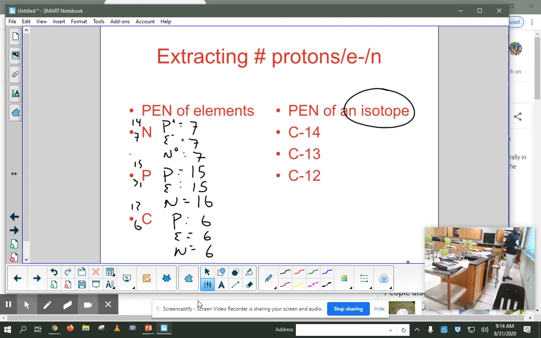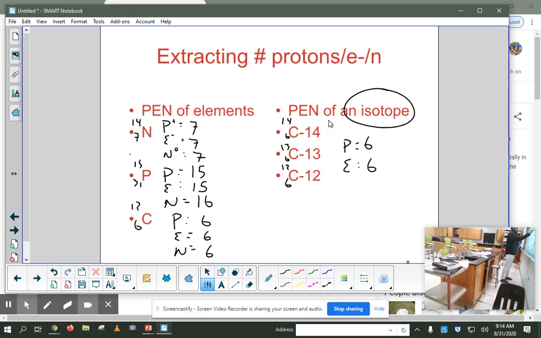You'd think differently of that, but if you look practically, that's the thing. So carbon 14, carbon 13, and carbon 12. All of these have the same number of protons and electrons, 6 and 6, but the neutrons for each one of these will be different.